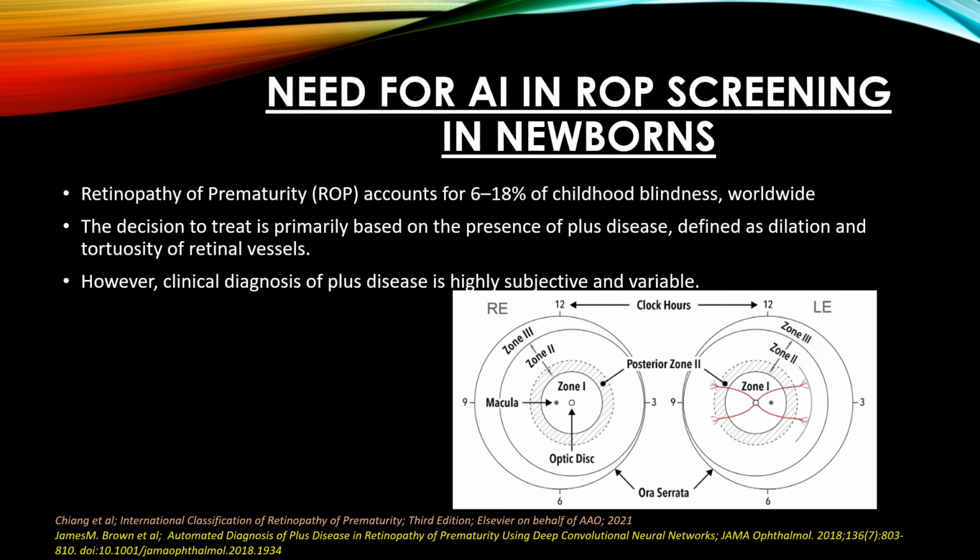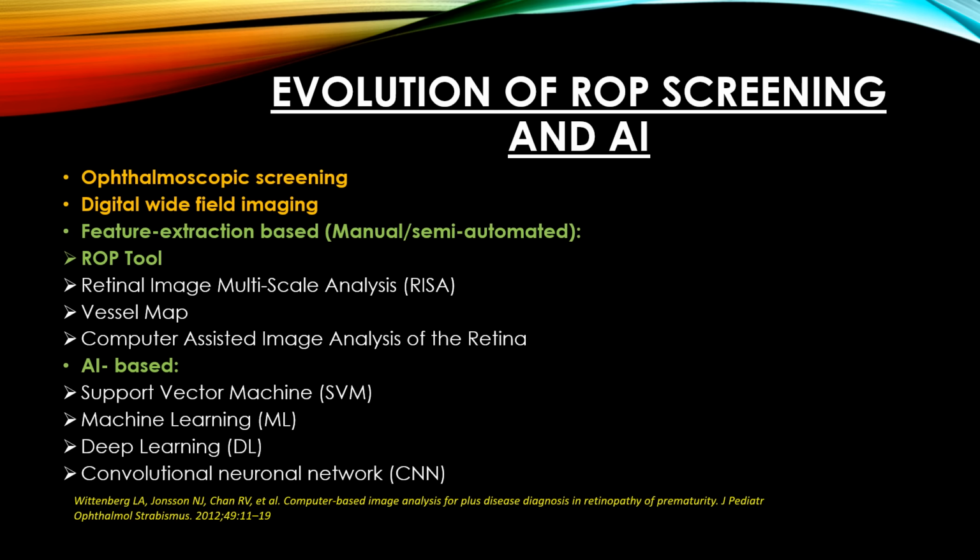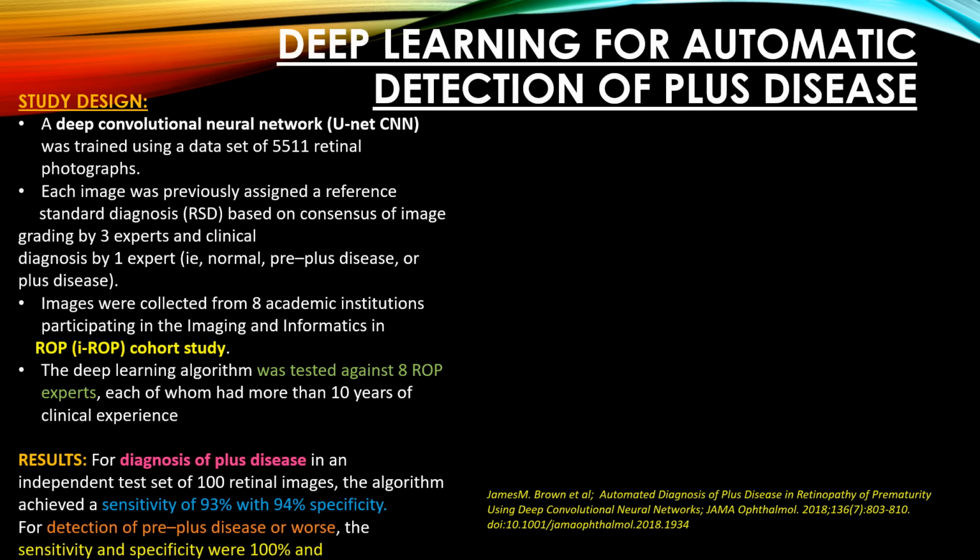Firstly is ophthalmoscopic screening, then digital wide field imaging, we can use Optos 200x, then feature extraction based models, manual or semi-automated. So there was something called ROP tool, then retinal image multi-scan analysis, vessel map, computer assisted image analysis of retina, and now we have come to the AI based methods where we can use support vector machine learning, deep learning, convolutional neural networks for the ROP screening.